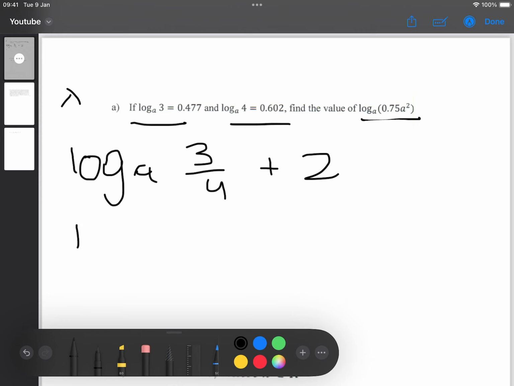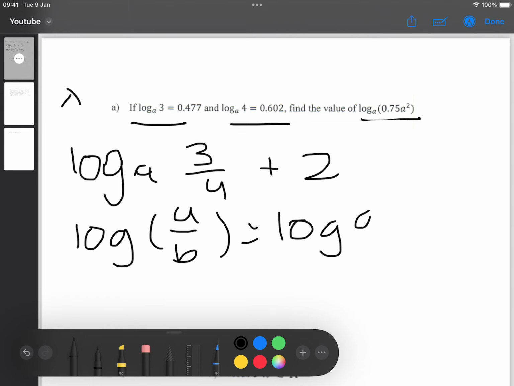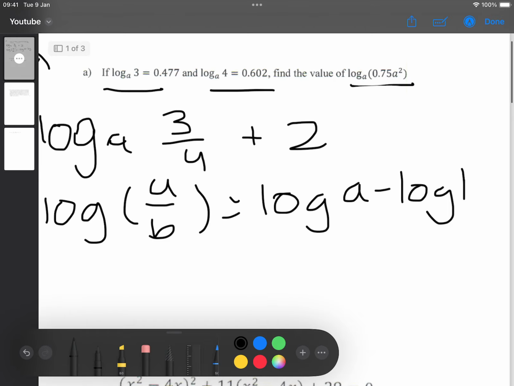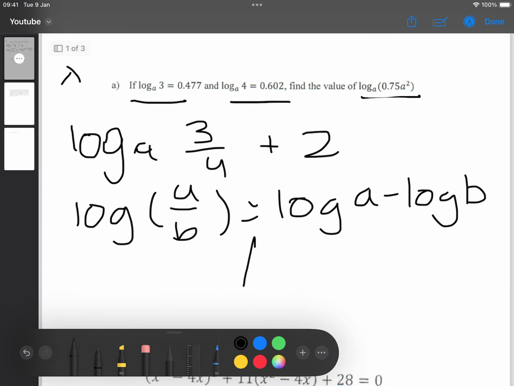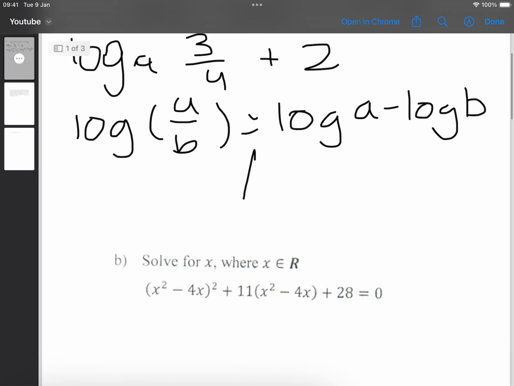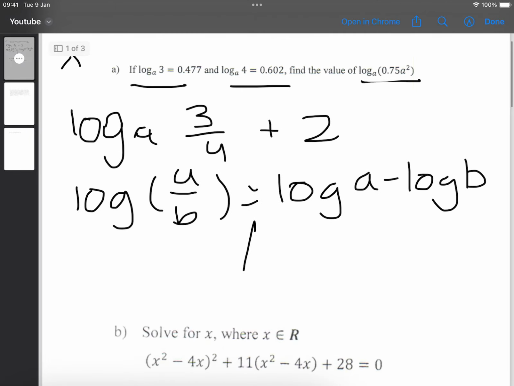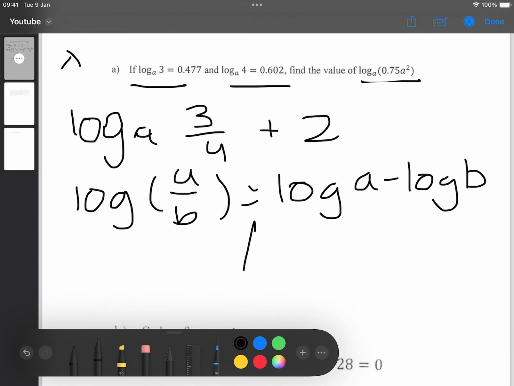Now using the property where log of a over b is equal to log a minus log b, we can rewrite this as just 0.477 minus 0.602 plus 2.